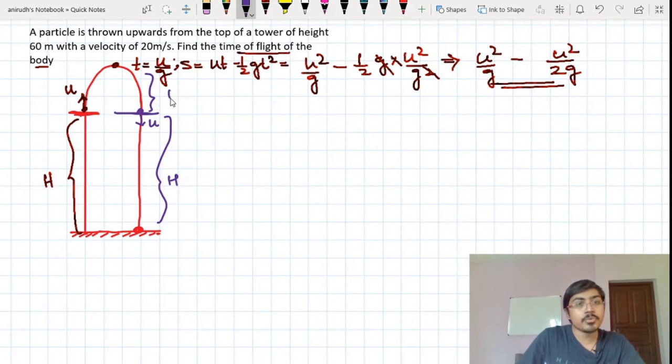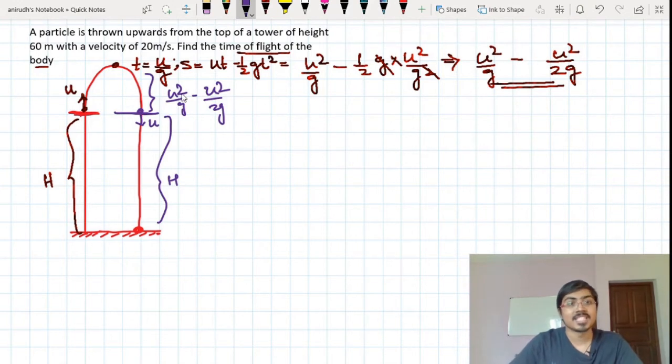This much distance is u square by g minus u square by 2g. It's symmetrical. The same distance it has to cover in the downward direction also. Vertical distance, not the horizontal distance. So this much is the horizontal displacement which is covered by the body from the initial and final position. But here we are talking about the vertical displacement.